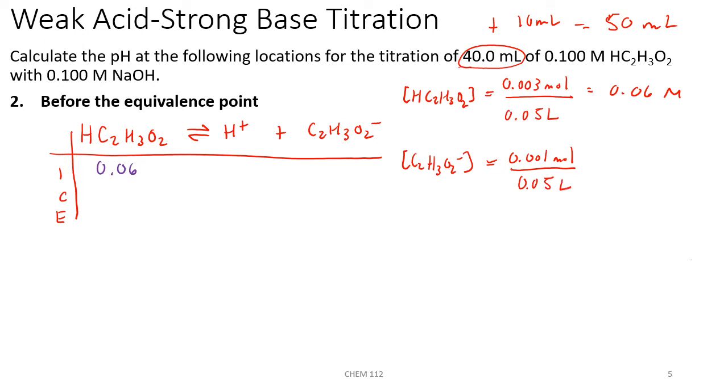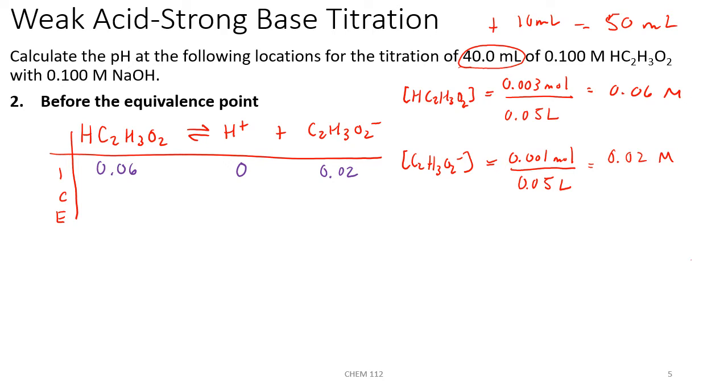So we're going to divide by 0.05 liters, and that gives us a concentration of acetate as 0.02 molar. So we can plug that in for our initial concentration of our acetate anion. Now we're assuming that this is before the dissociation of our weak acid, so our concentration of hydrogen ion is 0. This is a common ion problem.